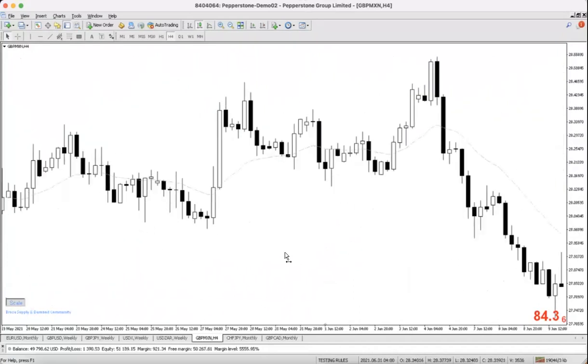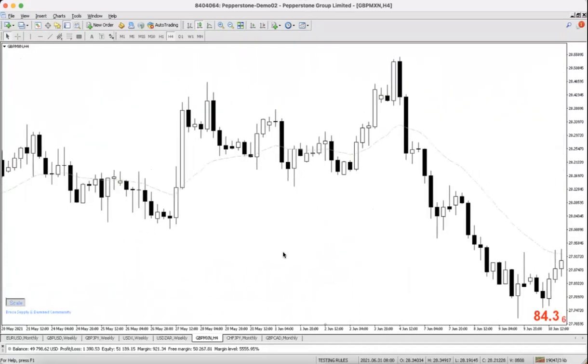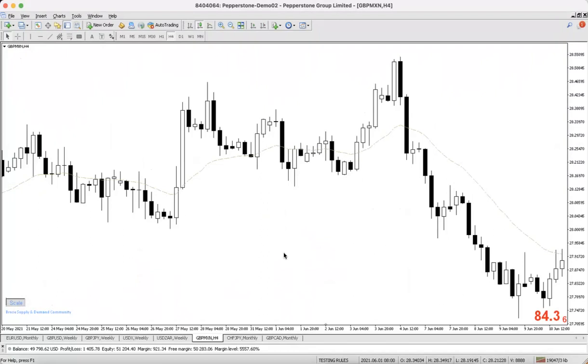Let me check something here. Something that is very important for you guys to remember is that usually gaps are made when there is news. For example, when Russia was starting a war with Ukraine, there's a high possibility that the following Monday, when the market opens, there will be gaps, okay?